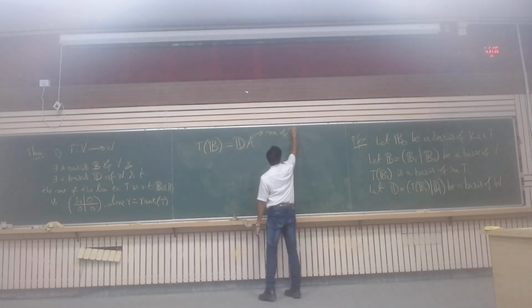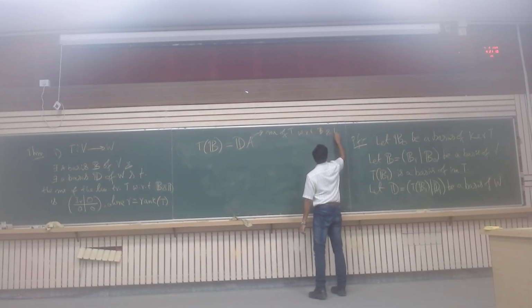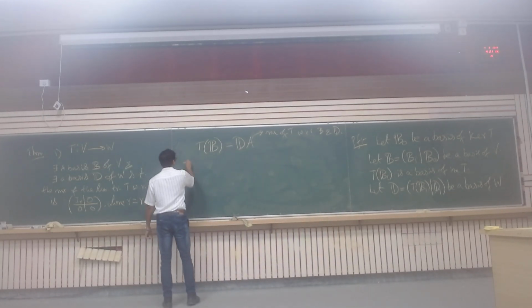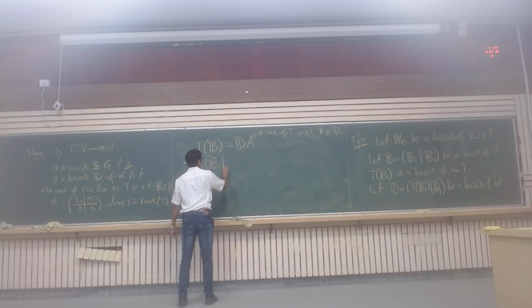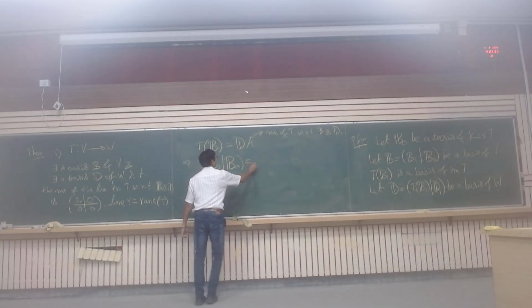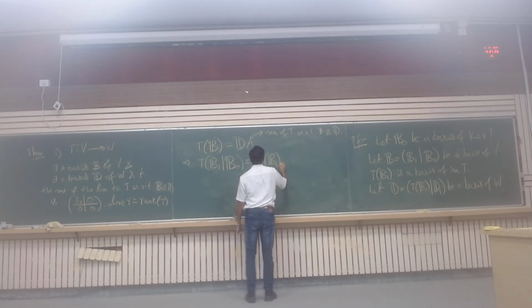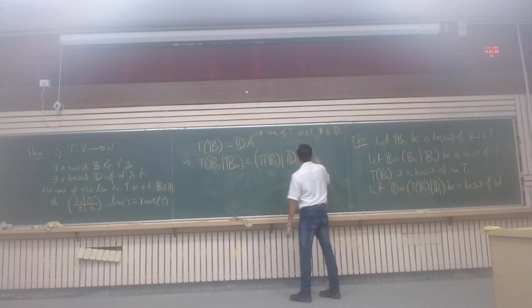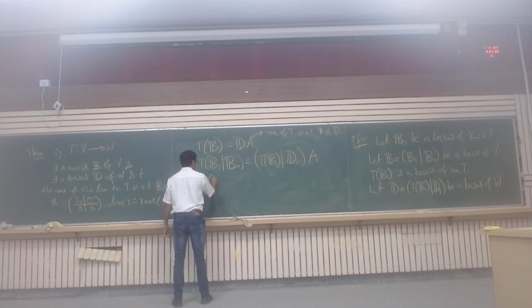Matrix of T with respect to B and D, right? Now consider this. T of B is T of B1, B0, and D is T of B1, D1, this times A, right? Now this one is T of B1.